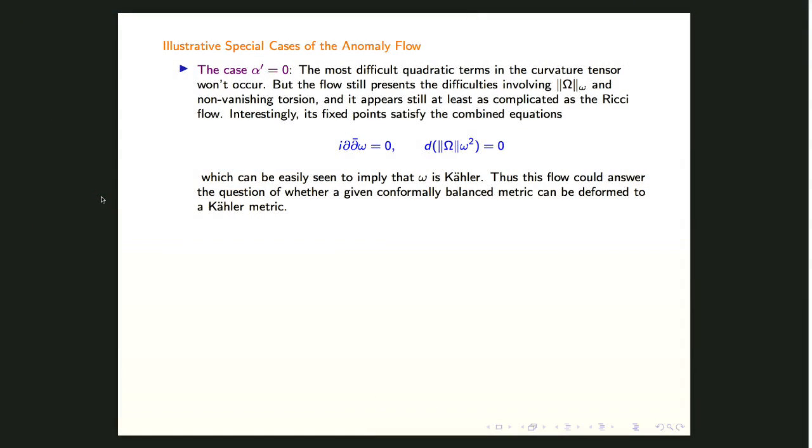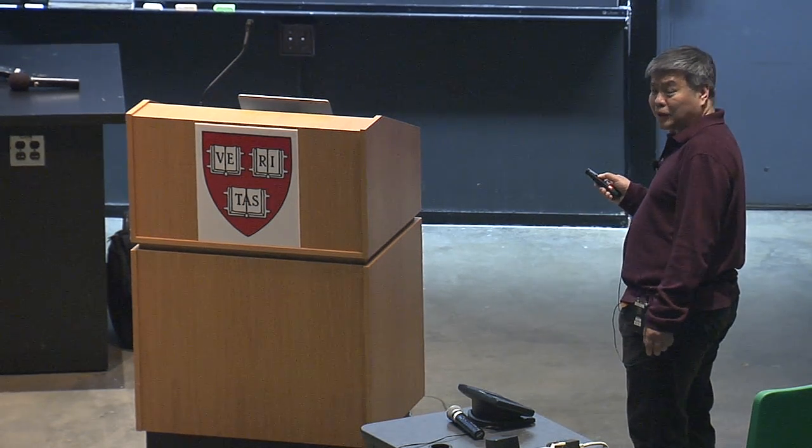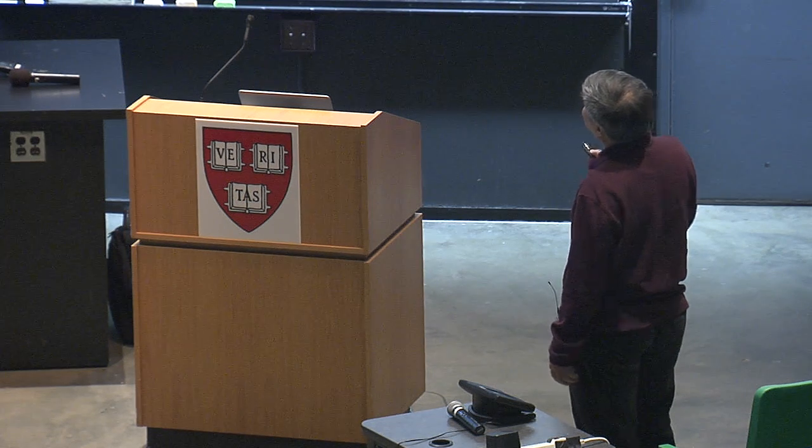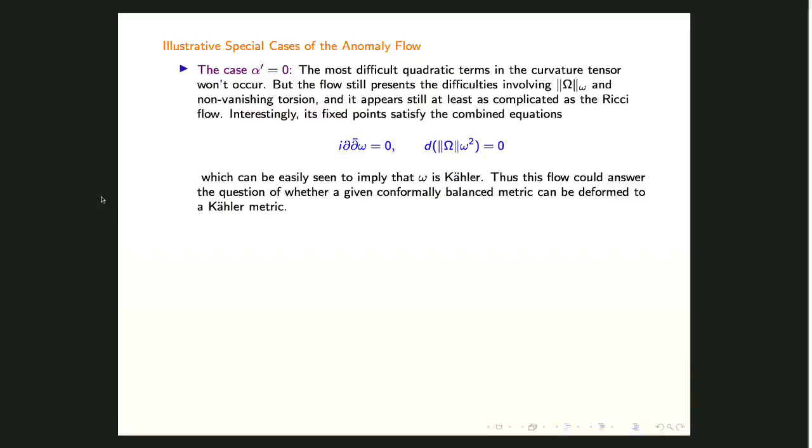And from this point of view, the news is reasonably good. We can consider three special cases, and in each of these, we can figure out the answer. The first case, perhaps one could say is cheating, because you take this key parameter alpha prime to be 0, so that you get rid of the second order curvature tensor.